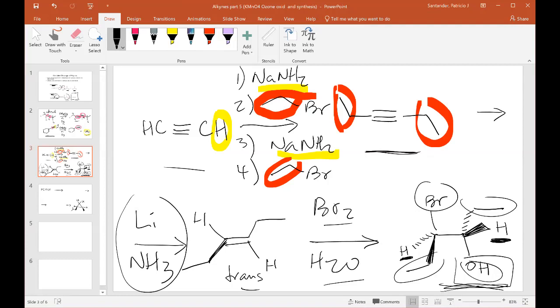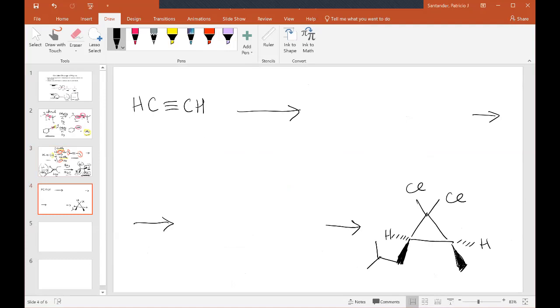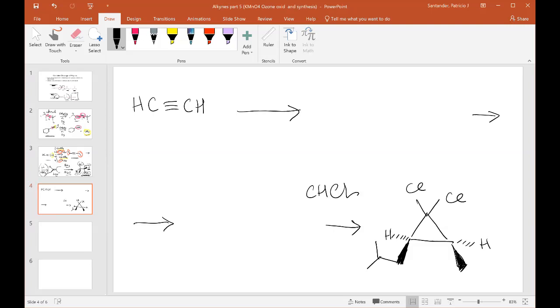Okay, let's go to just one more example. In this example, the final product, I have a cyclopropane with a couple of chlorines hanging there. So the very last step should have been the use of chloroform and KOH, because in that way I can form the so-called dichlorocarbene that will add to an alkene.